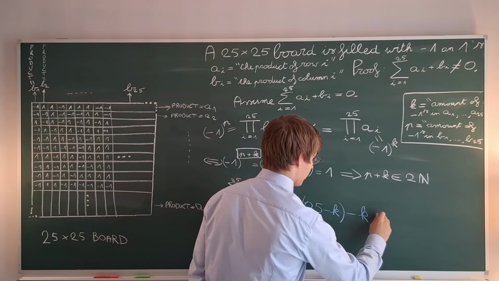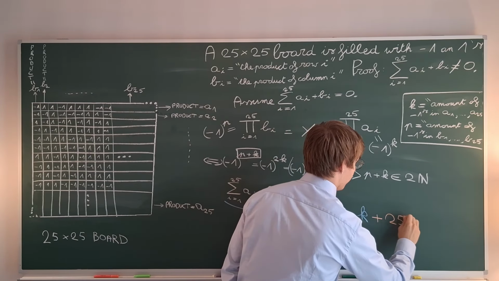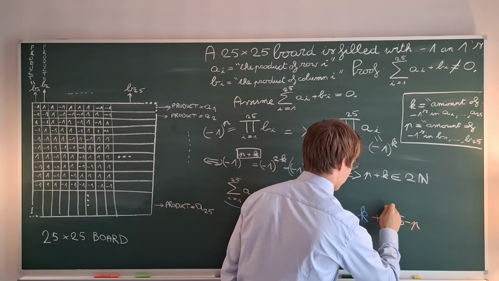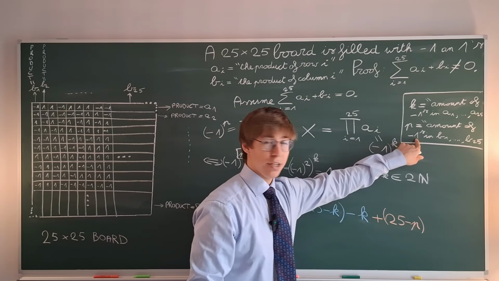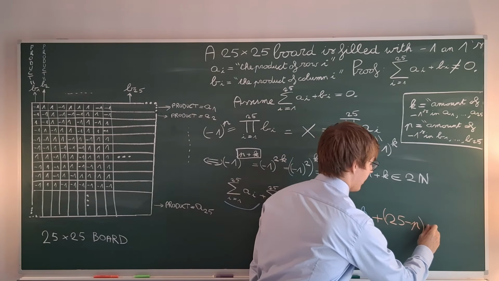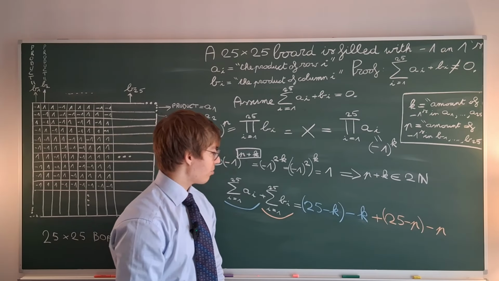We will get 25 minus P 1s, since the rest are minus 1s, and then minus P, because we have P minus 1s.